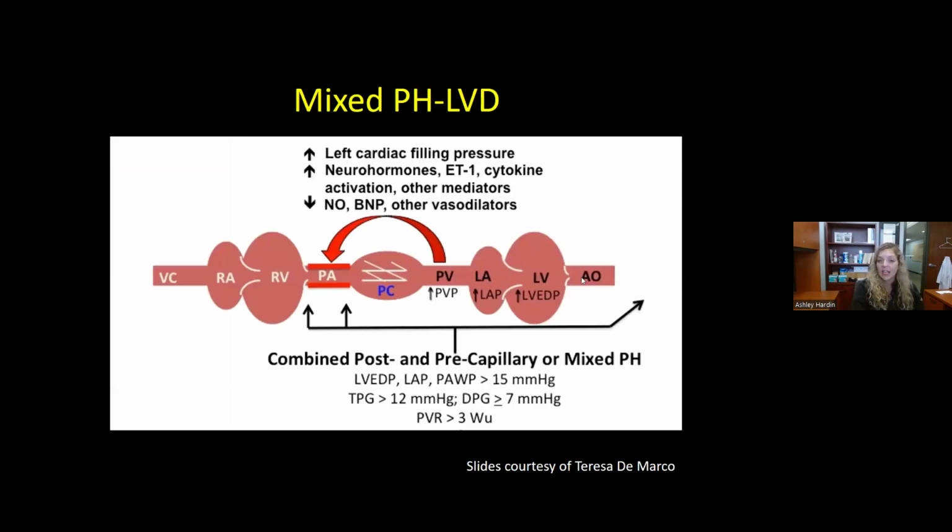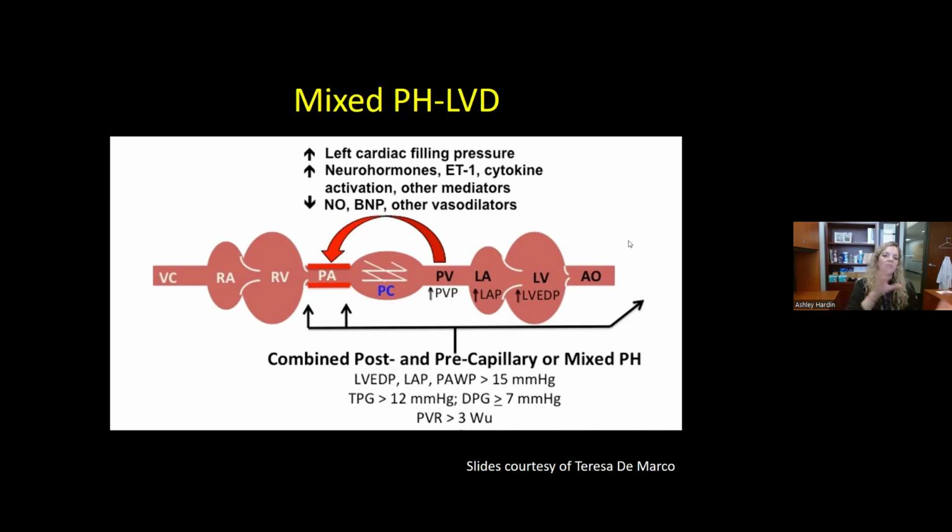If you have mixed PH due to left heart disease, really you've had this backward pressure for probably long enough, and perhaps a component of genetic influence that causes pulmonary vascular remodeling in the pulmonary arteries. So these patients will have a wedge that's elevated, a transpulmonary gradient that's elevated, and a pulmonary vascular resistance that's elevated.